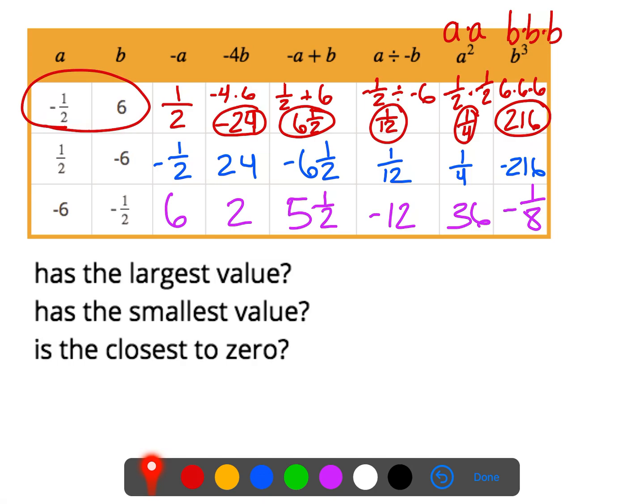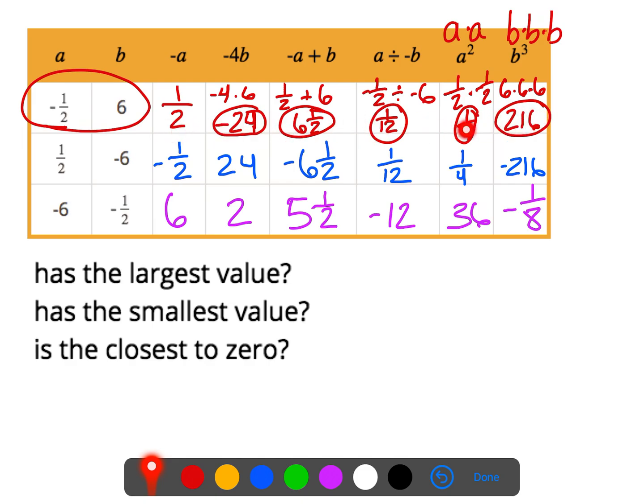While you're waiting for each other to change those in class, would you think about these next 3 questions? So looking across the row, we're trying to find the largest value, the smallest value, and the closest to 0. Okay, so take a look at that first row, the largest value.